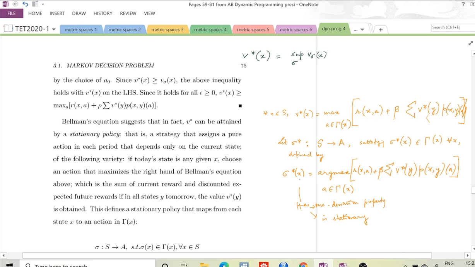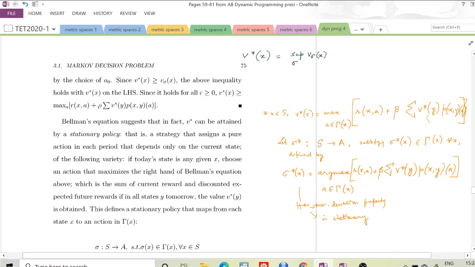So what is special about this strategy sigma star? The first thing is that it is stationary, which is written as the second thing here, which is it doesn't depend on histories other than the current state, right? And secondly, simply by looking at what is being maximized here, it satisfies a one deviation property.